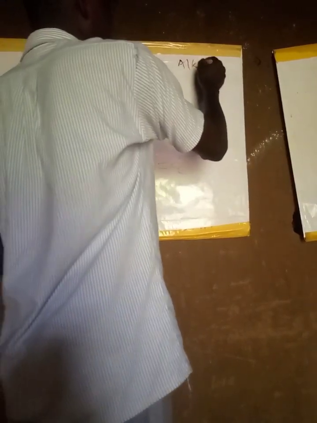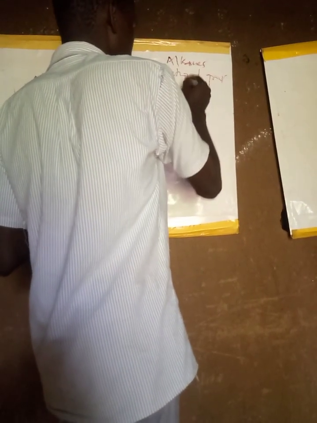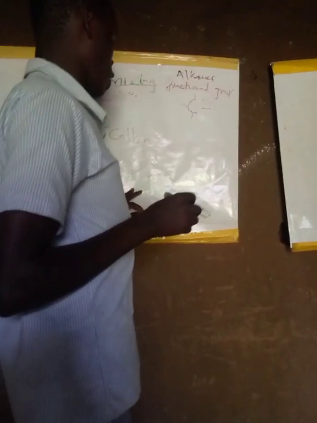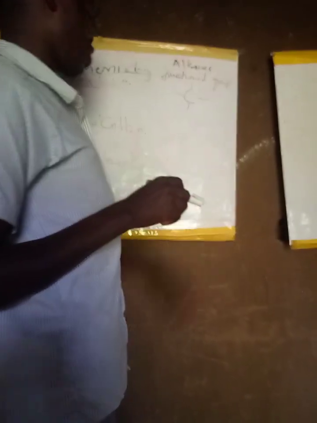For alkenes, the functional group is C double bond C, then hydrogen atoms attached to those carbons. So that is now an introduction of alkenes. Take note of the functional group and the general formula.